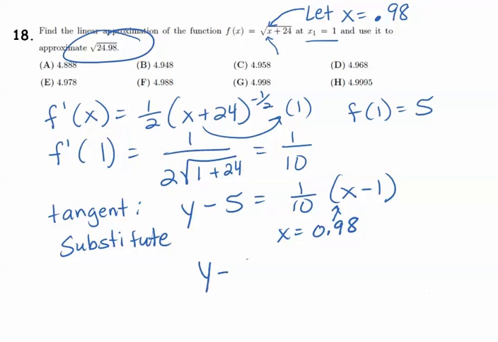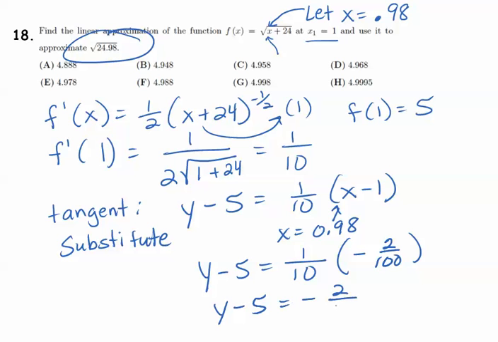So we'll have y minus 5 is equal to 1/10. You could write that as a decimal if you wish. And when we put 0.98 in here, we'll have a negative 0.02, or if you prefer, negative 2/100ths. So whether you like fractions or decimals, your choice here. So we would have negative 2/1000ths.